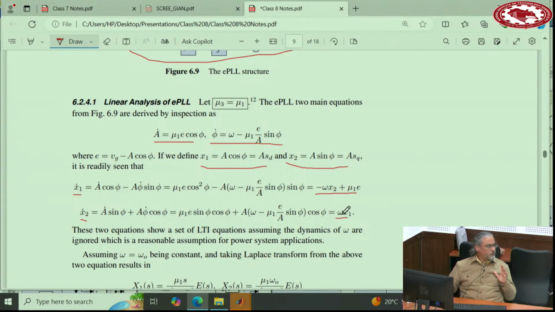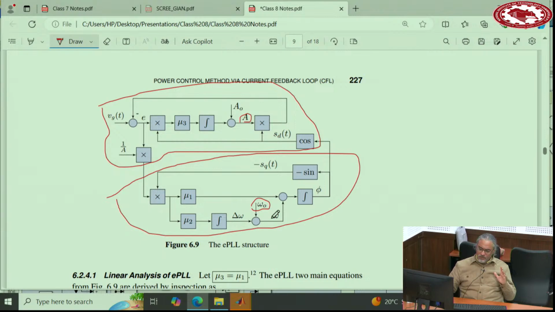What did we prove? If you look at this diagram, it's heavily nonlinear. It has a few multiplications, right? One here, one here, one here, and the sine function and cosine function, so very nonlinear.